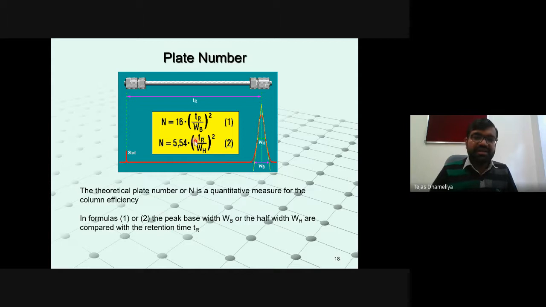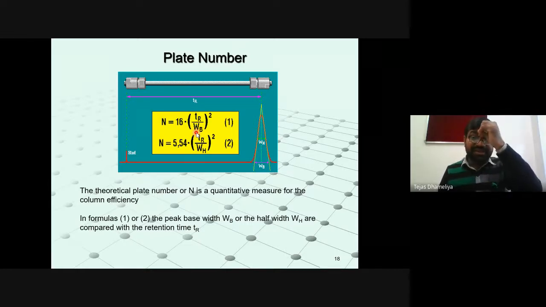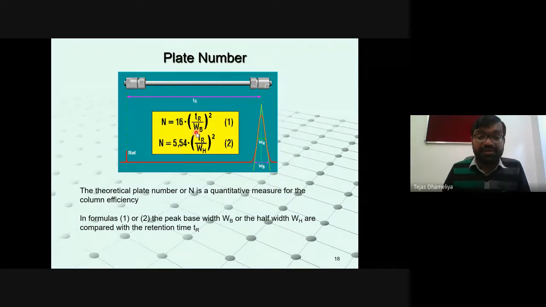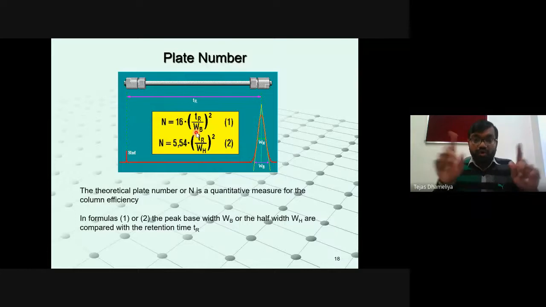If you want to correlate the width of the peak at half of the height, then equation 2 can be derived from equation 1. So this is exactly called the number of theoretical plates: N is equal to 16 into TR upon WB, whole square.